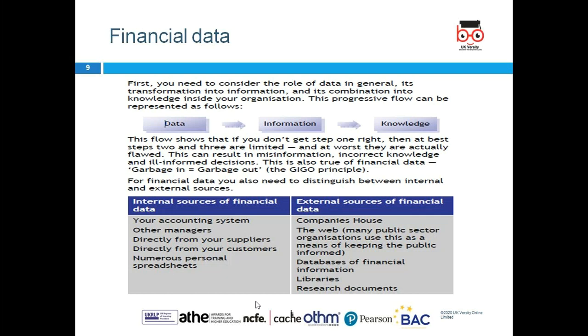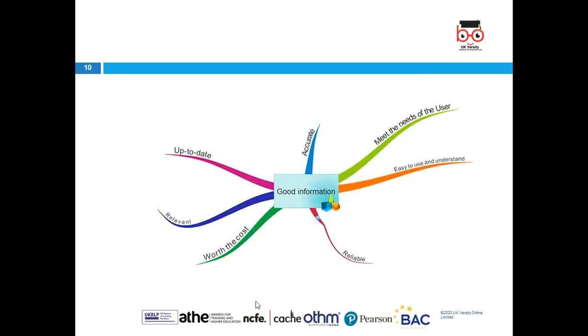If they give us permission, we can send them new product offers which we want to sell them, and we can use various spreadsheets. Those we use internally, so that data is available. Then external sources, as we already said earlier, include Companies House, websites, databases of financial information, libraries, and research documents.